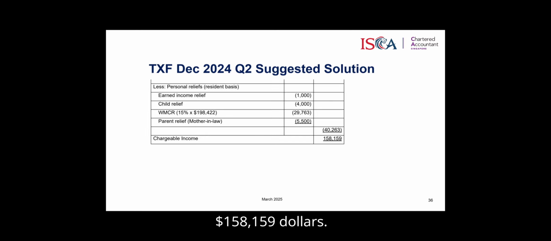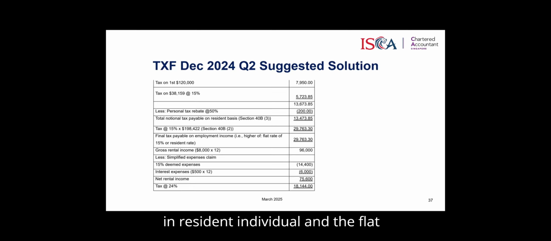Recall earlier where we talked about the basis of having a tiered rate for resident individuals and a flat rate for non-resident individuals is to provide a relief and benefit to the resident individual. Therefore, for a non-resident individual, you need to be taxed on the higher of either basis.